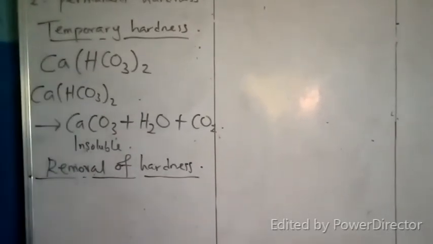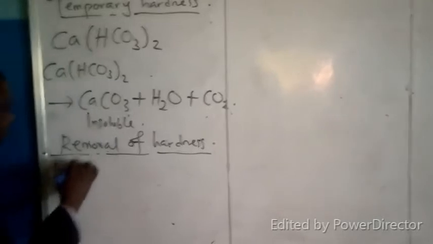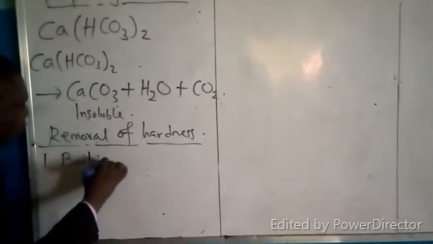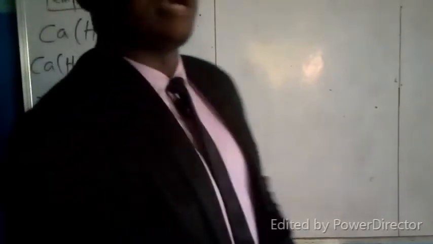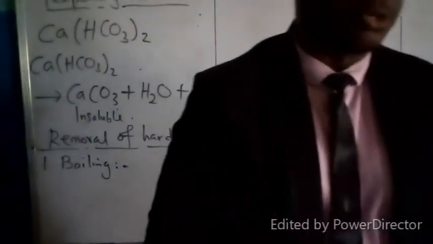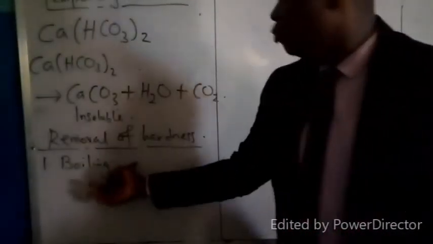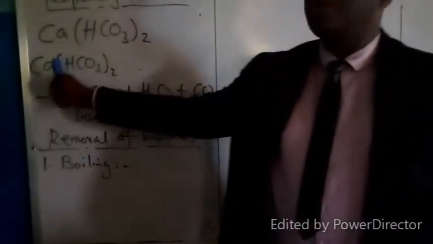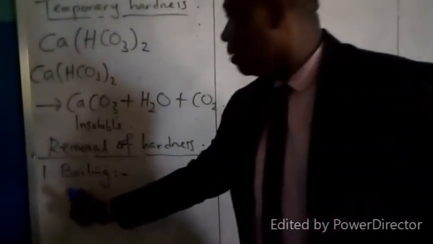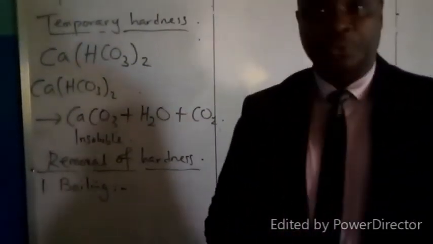And in this removal of hardness, the first is we are going to look at boiling. Now remember, we did say that calcium hydrogen trioxocarbonate 4 decomposes on heating. So in other words, if you boil that water, it will decompose the calcium hydrogen trioxocarbonate 4 in that water to make that water useful for use.